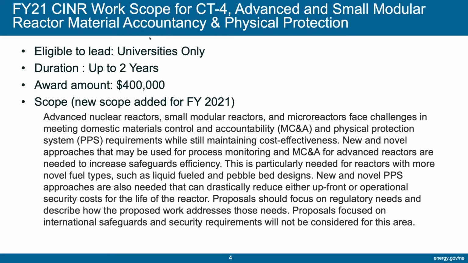Okay, this is just a copy from the work scope. It's CT-4, Advanced and Small Modular Reactor Material Accountancy and Physical Protection. It's a long title. It's eligible for universities, the duration will be 2 years, and the award amount is up to $400,000.